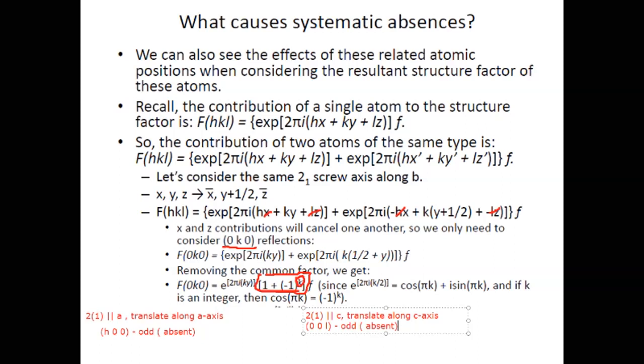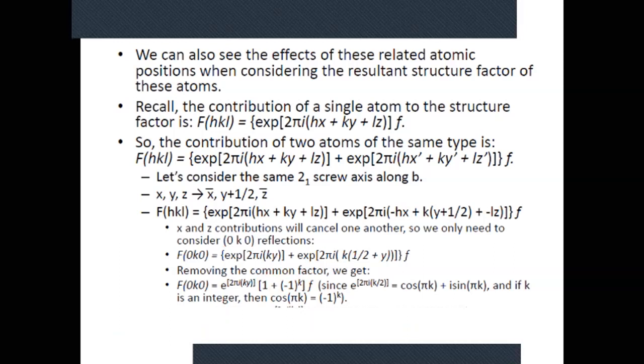If yes, then it's a 2-1 parallel to B. And likewise, a 2-1 parallel to C, since it translates along the C axis, we're looking for the 00l odd reflections, are they absent? And this is what you're looking for. You're looking for systematic absences to help identify symmetry elements that exist in the crystal. And the same thing would go with glide planes as well.